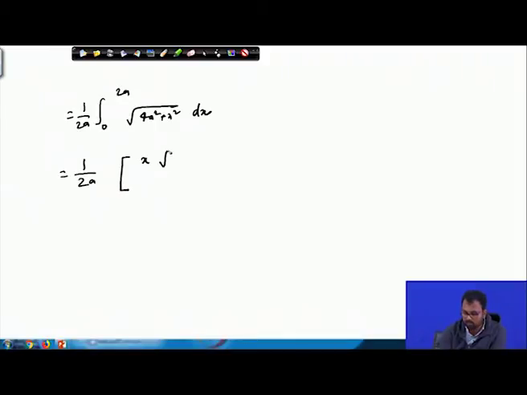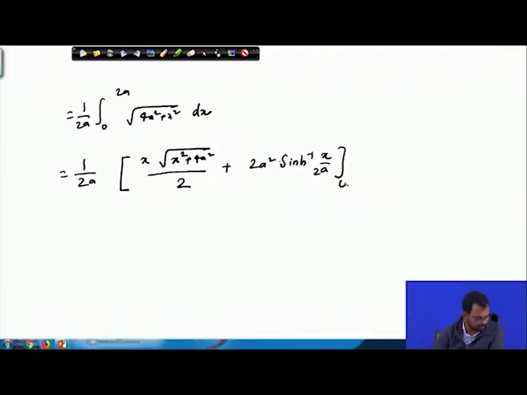So this will be integral from 0 to 2a. We will have 1 by 2a times the integral of square root of 4a square plus x square dx, and we can calculate this one. So this will be 1 by 2a times [x times square root of x square plus 4a square by 2, plus 2a square sinh inverse of x by 2a], from 0 to 2a.